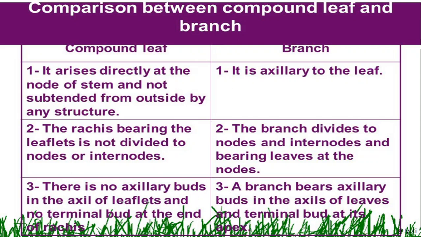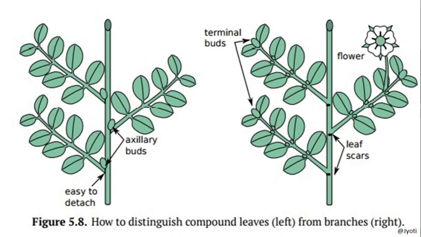But in the case of a branch, the branch bears axillary buds because leaves are developed, and it has a terminal bud also because it is a branch of a stem. So these are the basic three differences between a compound leaf and a branch, which can prevent the confusion.